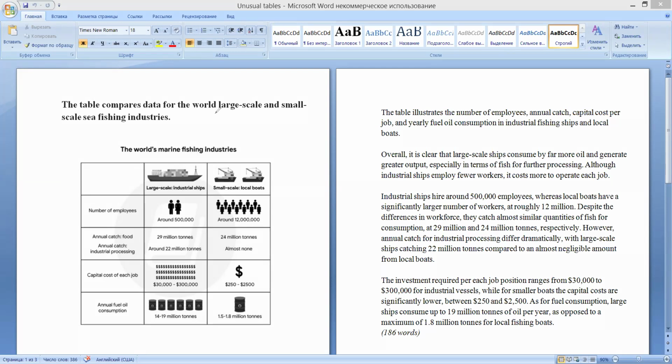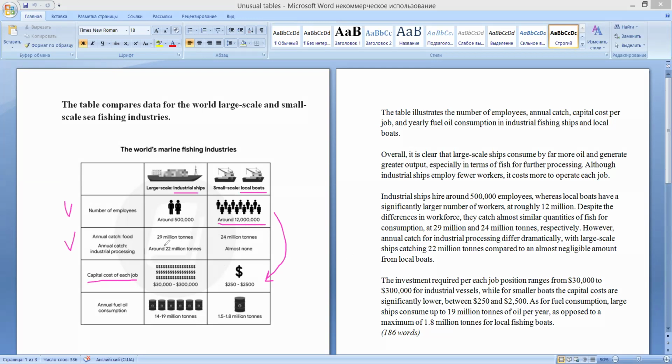Let's analyze it together. We have industrial ships and local boats, right? Then we see the number of employees, annual catch, capital cost of each job. Some students say that it's about salaries. They say, okay, look here, we have more workers on local boats and they earn less.